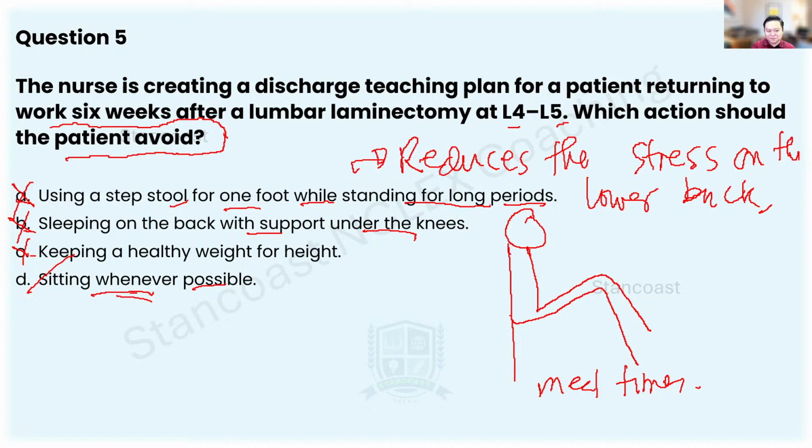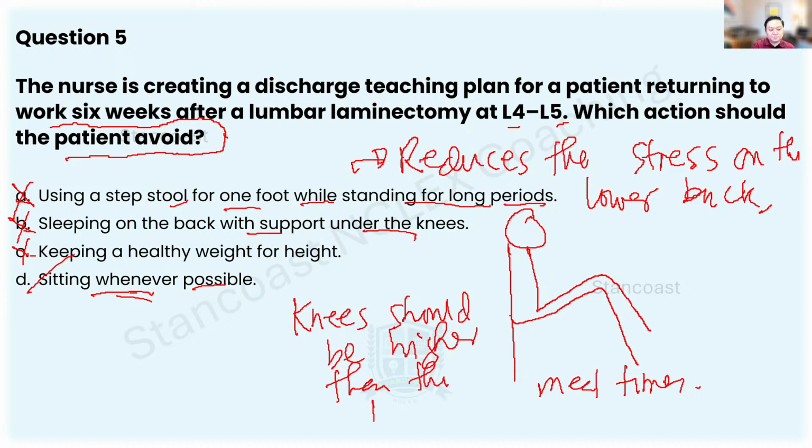That's totally different. They can be allowed to sit for meal time so they can eat, right? But again, the position of their knees should be higher than the hips. This will also reduce undue pressure on the area.